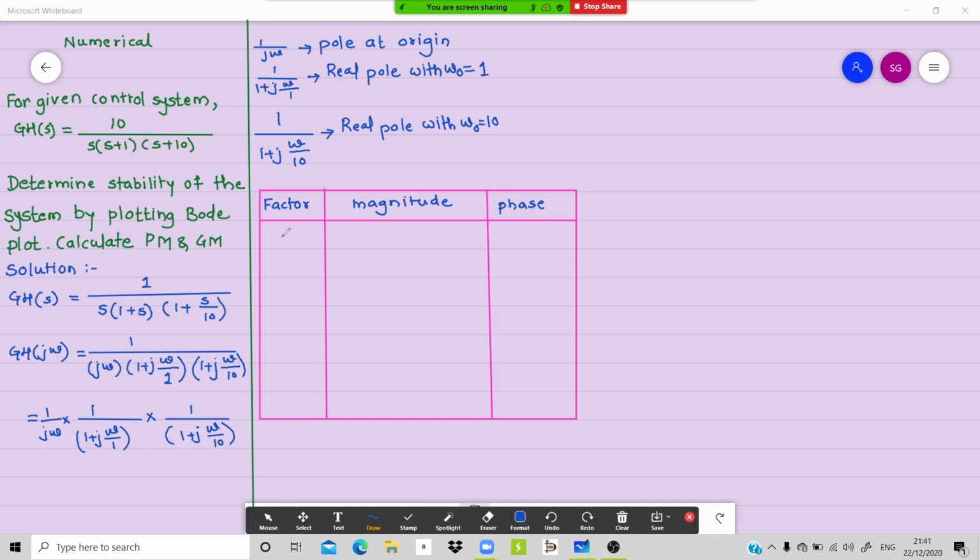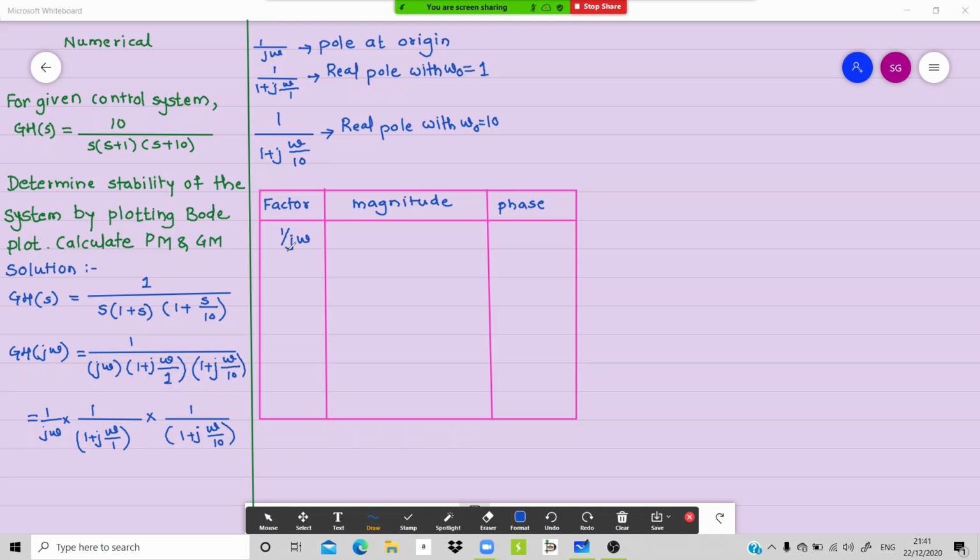Correct? So our first factor is 1 upon j omega. Now 1 upon j omega is a straight line, right? And it is with slope minus 20 dB per decade. It is minus 20 because it's a pole, right? And it is going to pass through omega equal to 1 and the 0 dB line, right?